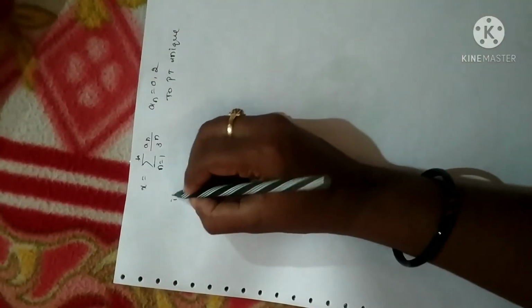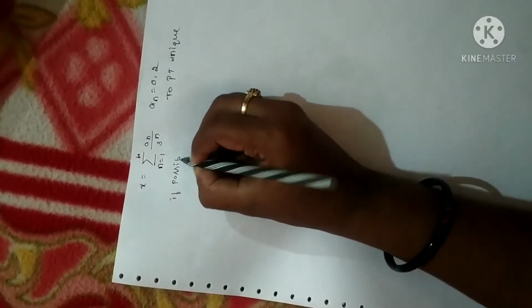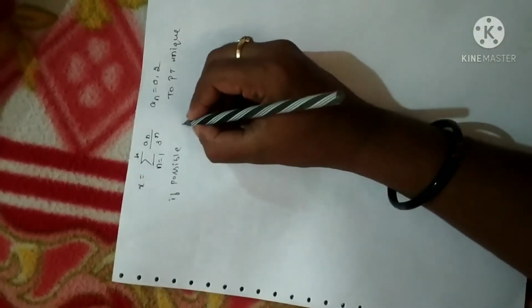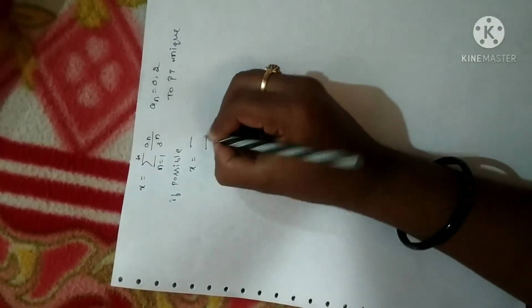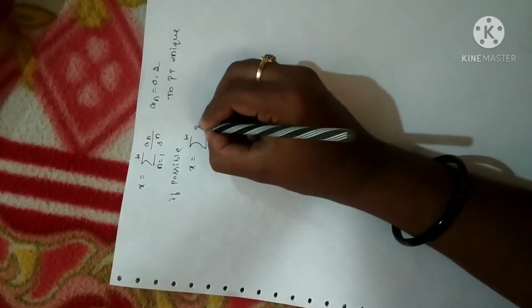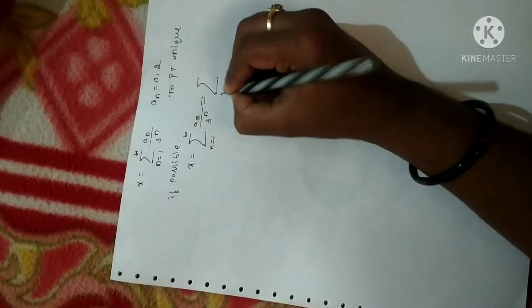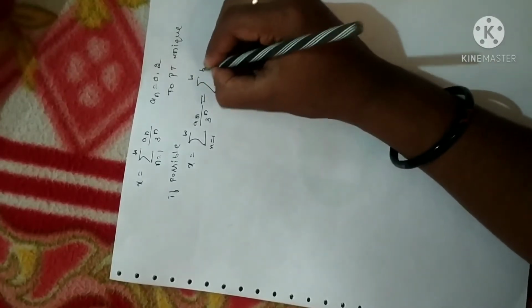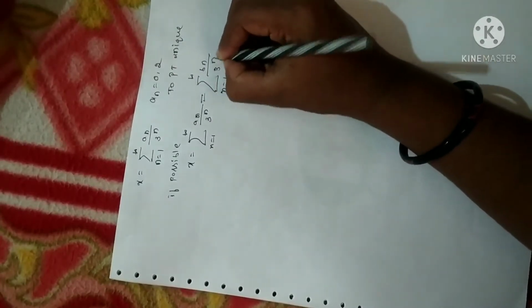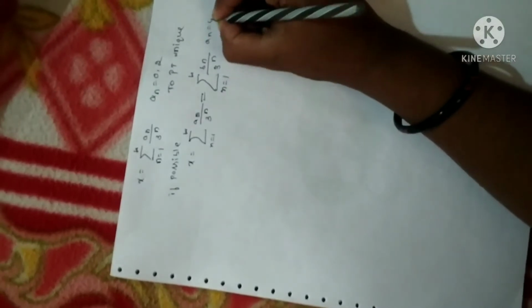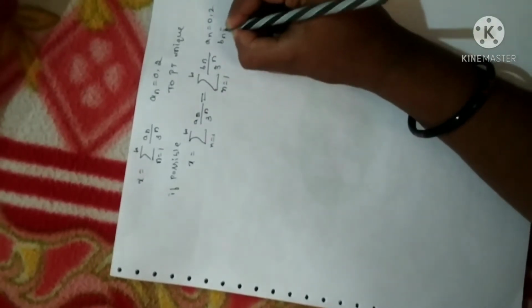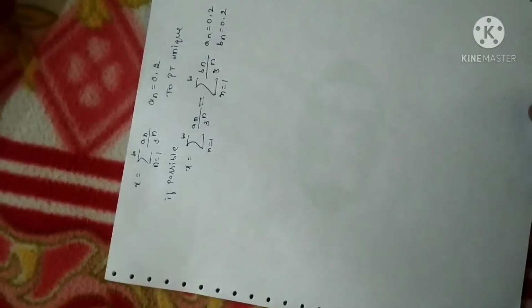Suppose, if possible, I'll prove this by the contradiction method. Fine. If possible, let me take one more expression. Say, I have summation n is equal to 1 to infinity an by 3 power of n, and again summation n is equal to 1 to infinity bn by 3 power of n, where an is 0 or 2 and bn is 0 or 2, as I already said, 1 will not be there.